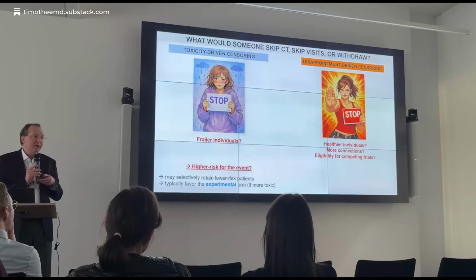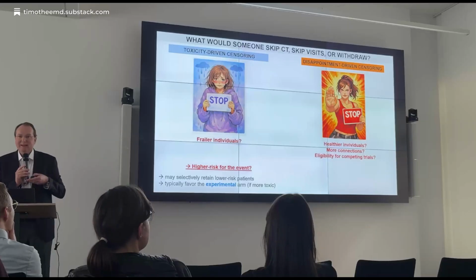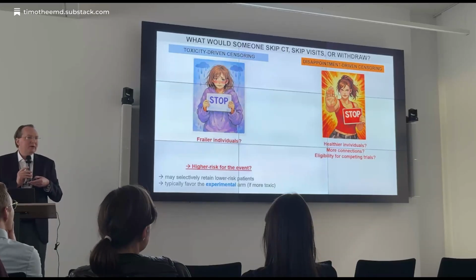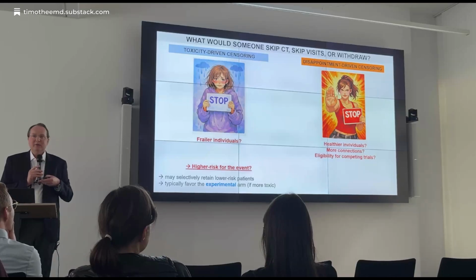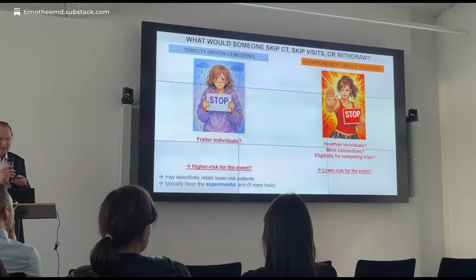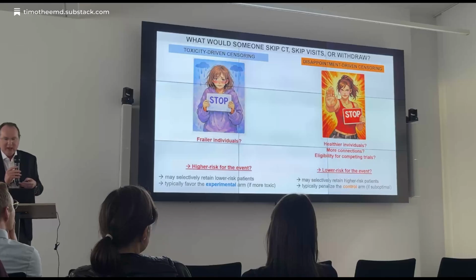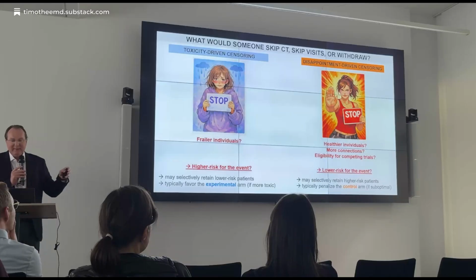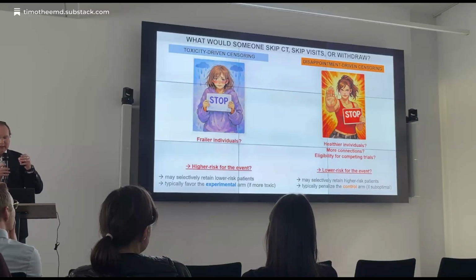Maybe they are healthier individuals, maybe more connected, maybe they know a lot of other doctors, maybe they are eligible for competing trials. So here, it's an assumption again, but they may be at lower risk of presenting the event. And had they stayed on the trial, they would have been late censored instead of early censored. And if that happens, this selectively retains higher-risk patients in this arm, and this typically penalizes the control arm.